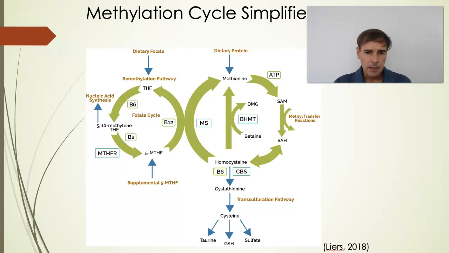So the methylation cycle is this process wherein your body has a molecule called S-adenosyl methionine, also colloquially known as SAM-e, which is a compound that is natural in our bodies, and it donates a methyl group. A methyl group is chemically written out as CH3.